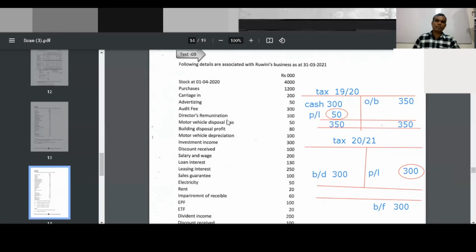Director's remuneration means salary: administrative expense and profit before tax. Motor vehicle disposal loss: other expense category and profit before tax.